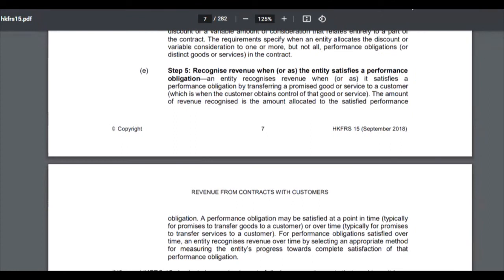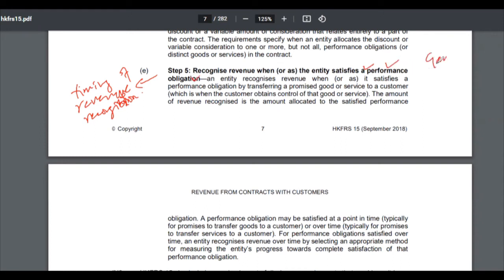Let's look at step 5. This deals with the timing of revenue recognition. Revenue is recognized when or as the entity satisfies the performance obligation.